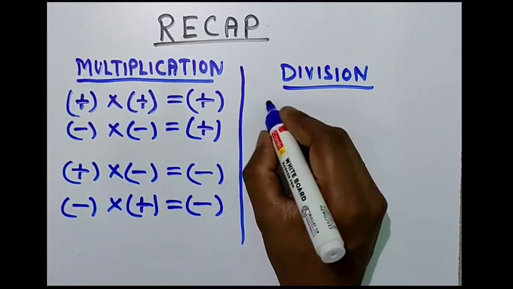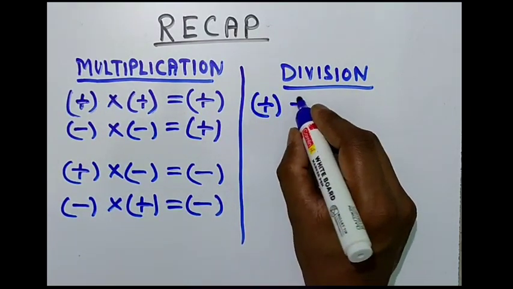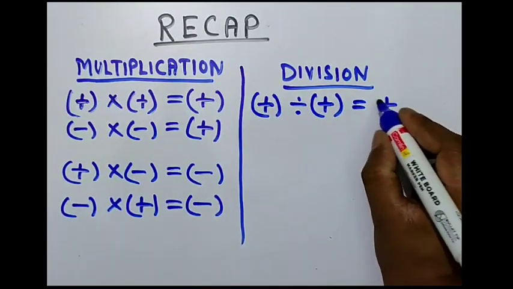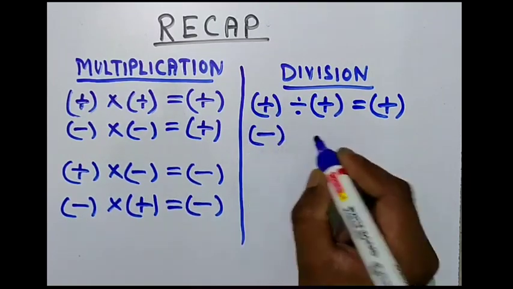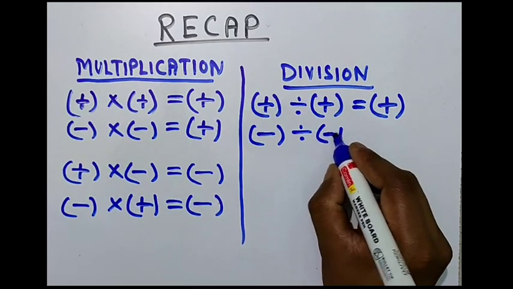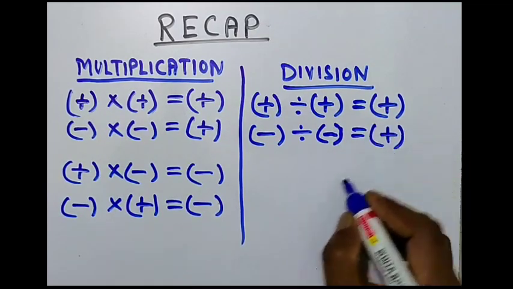Now in division, when we divide a positive integer by another positive integer, we will get a positive integer. When we divide a negative integer by another negative integer, we'll get a positive integer.